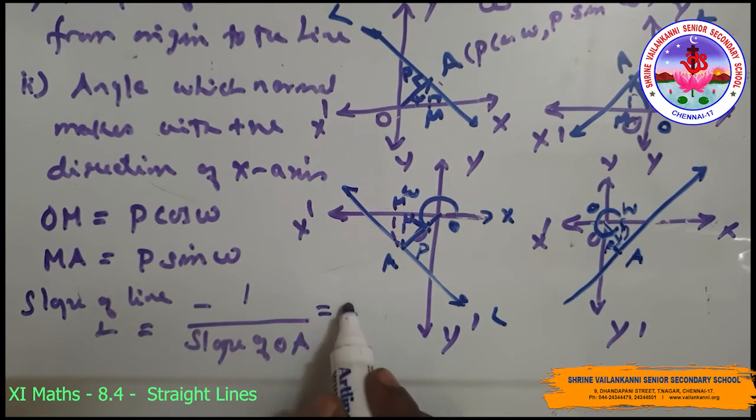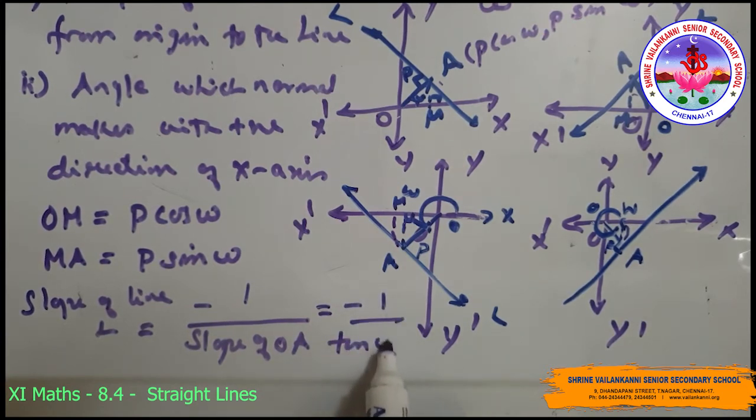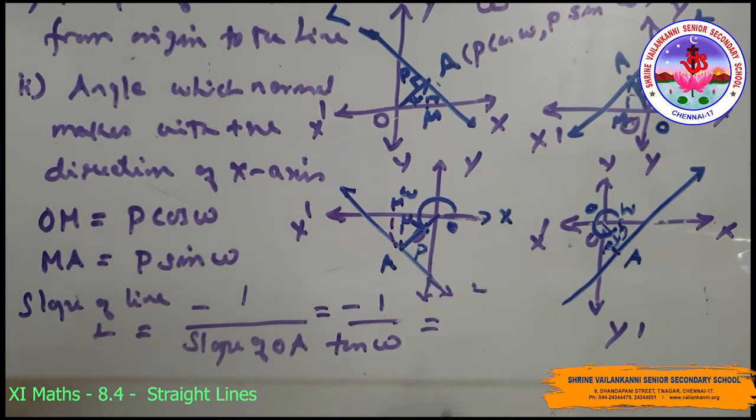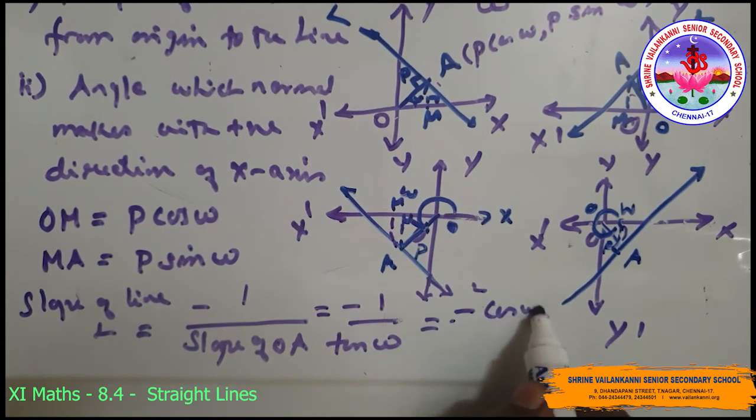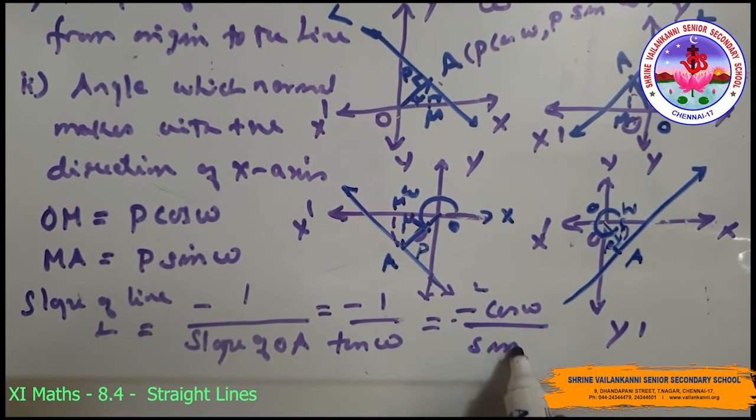The slope of OA is tan omega, so the slope of L is minus 1 by tan omega, which is equal to minus cos omega by sin omega. Thus the line L has slope minus cos omega by sin omega, and the point A (p cos omega, p sin omega) is on it.